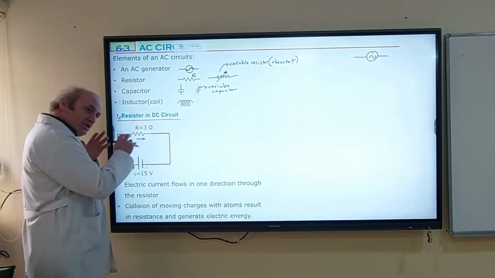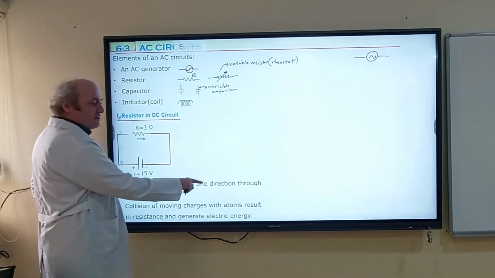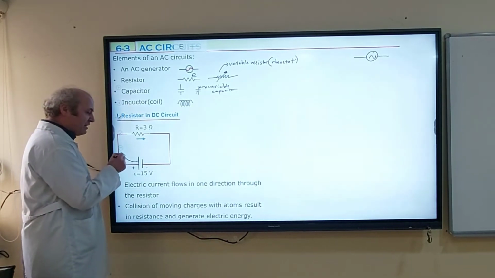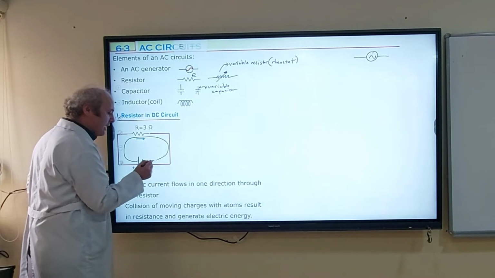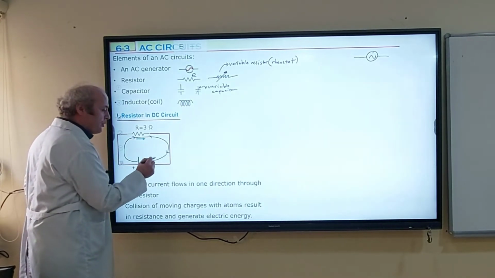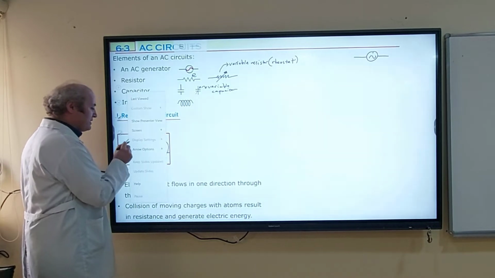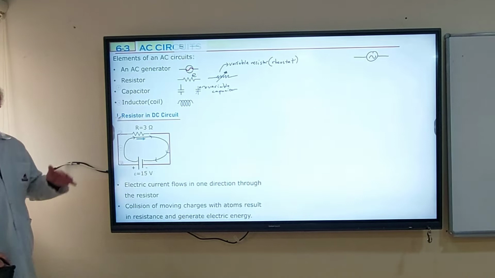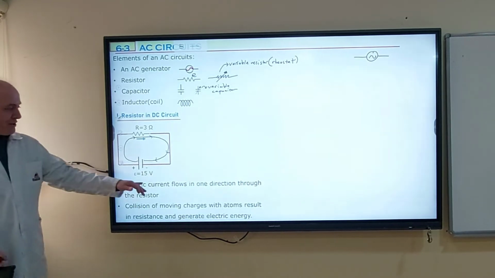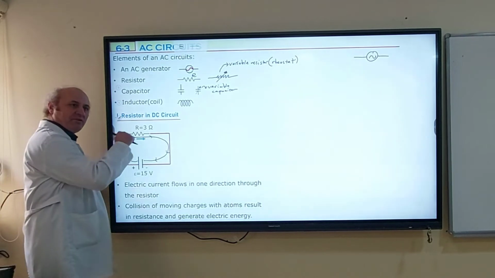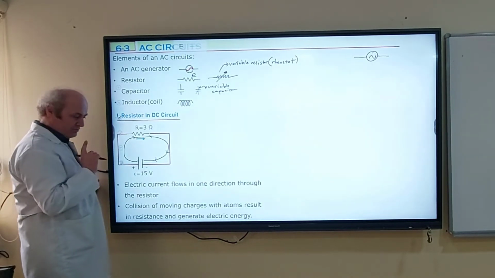Electric current in a DC circuit flows in one direction. We learned that before. It leaves from positive and comes back to negative, so it circulates clockwise or counterclockwise depending on which side is positive. But it is one directional. For example, in here, electric current flows from left to right through the resistor.